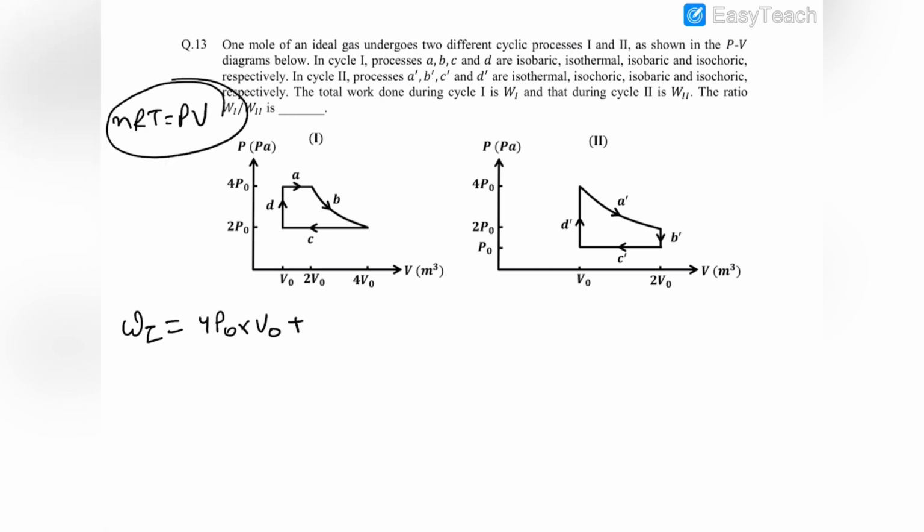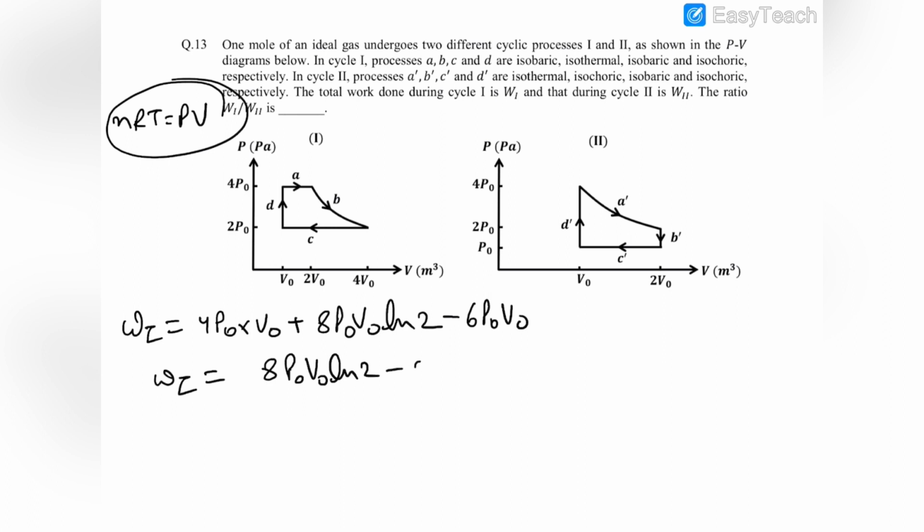So P at this point is 4 and V is 2, so it would be 8 P0 V0 ln 2. And work done in this process would be minus 2 P0 into 3 V0, which is minus 6 P0 V0, and work done in this process would be 0. So work done W1 will be equal to 8 P0 V0 ln 2 minus 2 P0 V0.